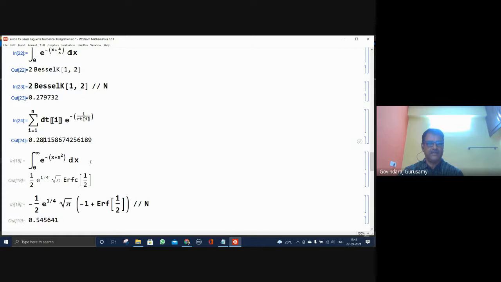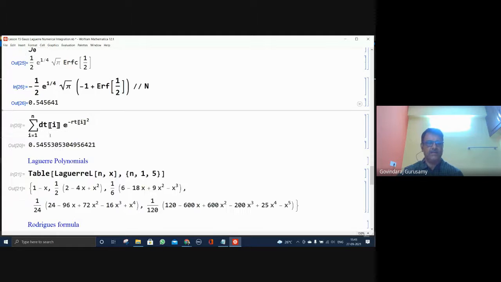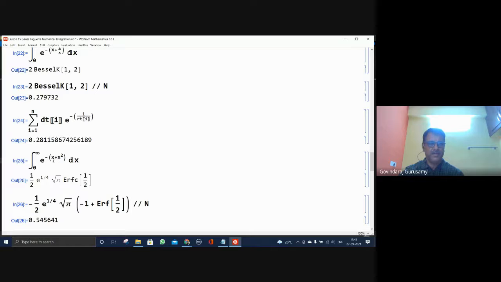Second decimal also could be a problem. And e power minus x plus x square, error function, great. And this is the number that you have. That number, we are coming closer to that. Okay. E power of minus 4 minus x plus x square dx.